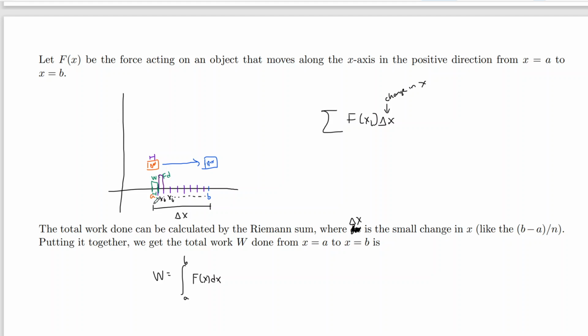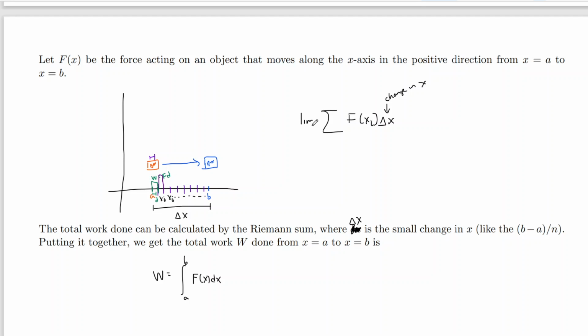So if we only did one full movement here, like one push, and we got it from a to b, then our delta x would be the whole thing. But if we have a lot of little pushes that we want to add up together, we have this. And the idea with the Riemann sum is always to get an exact answer here.